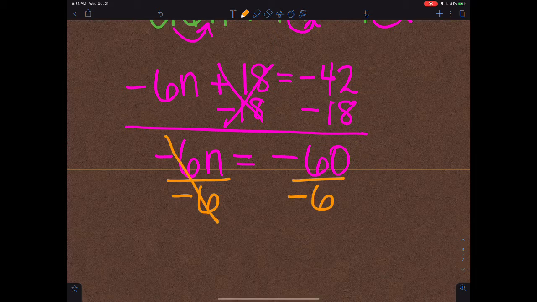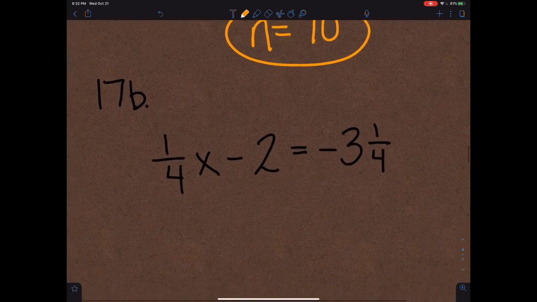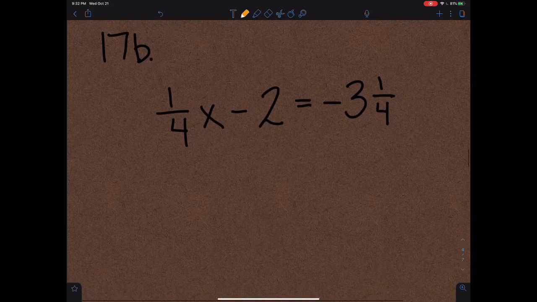That cancels out. Even the negatives cancel out. The negatives here cancel out too. So I'm left with n is equal to 60 divided by 6, which is 10, and it's a positive 10. Okay, so hopefully as you do that one with me, you figured out what you did wrong.